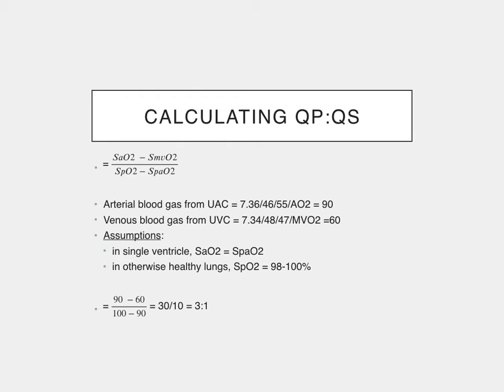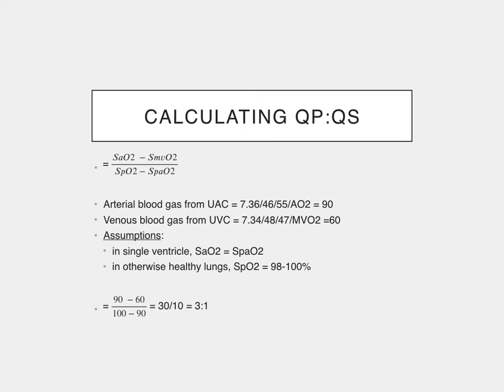And so let's plug these numbers into the equation. The SaO2 of 90% minus the SmVO2 of 60% over the SpO2 of 100% minus the SpaO2 of 90%. So that gives you 30 over 10, which equals 3 to 1.